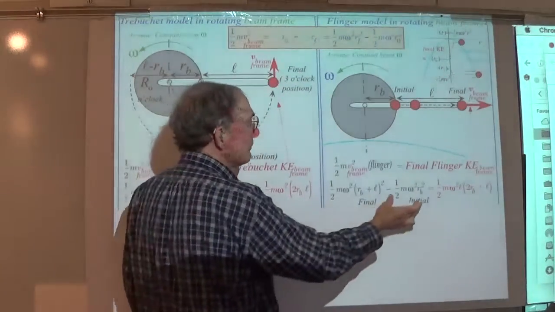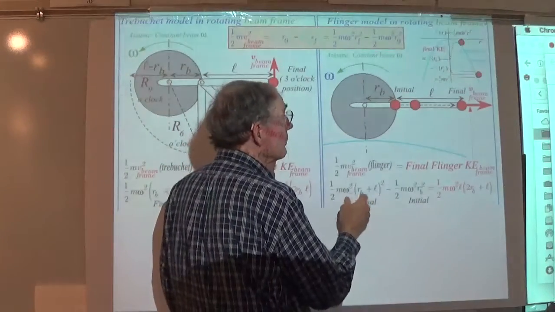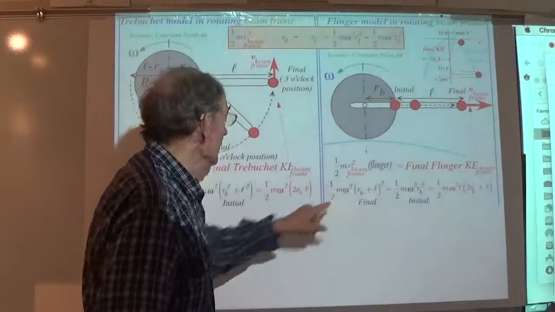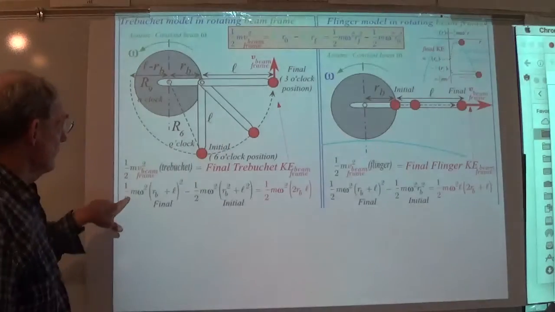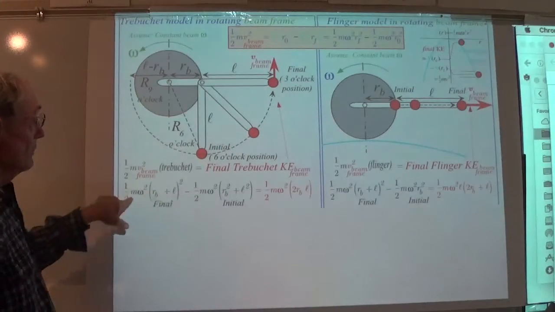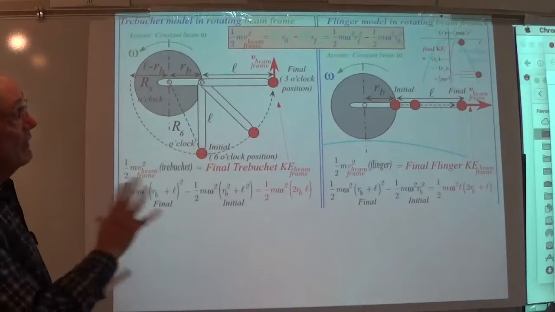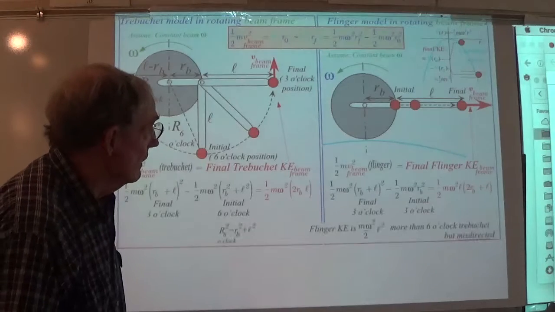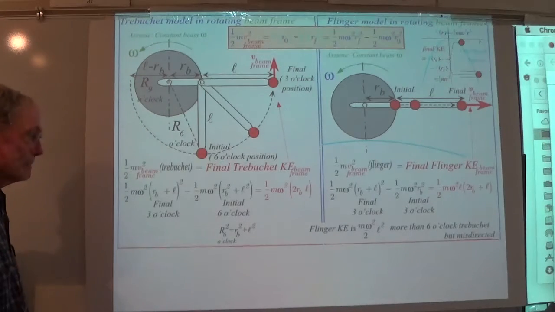Okay, so there's your initial, which gets subtracted from what you're going to have at the final, and what you're having at the final here is pretty much the same, well, exactly the same as what you're getting for the trebuchet. So it's these two against each other. Okay, in our preparations here.